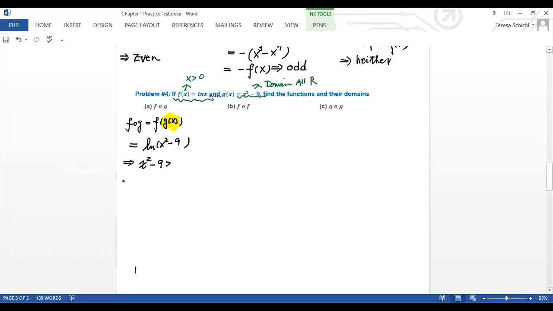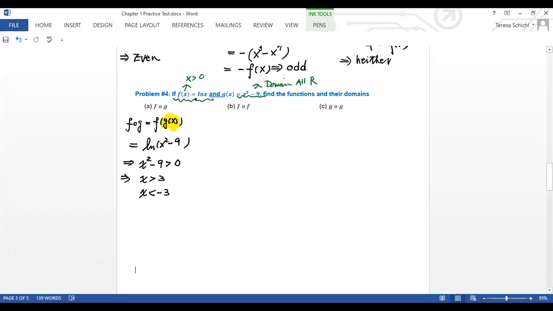And so this one here has to be greater than 0. So if this has to be greater than 0, we will say x has to be greater than 3, and x has to be what? Less than -3. So, correct? Okay, so I know x cannot be less than -3, right?